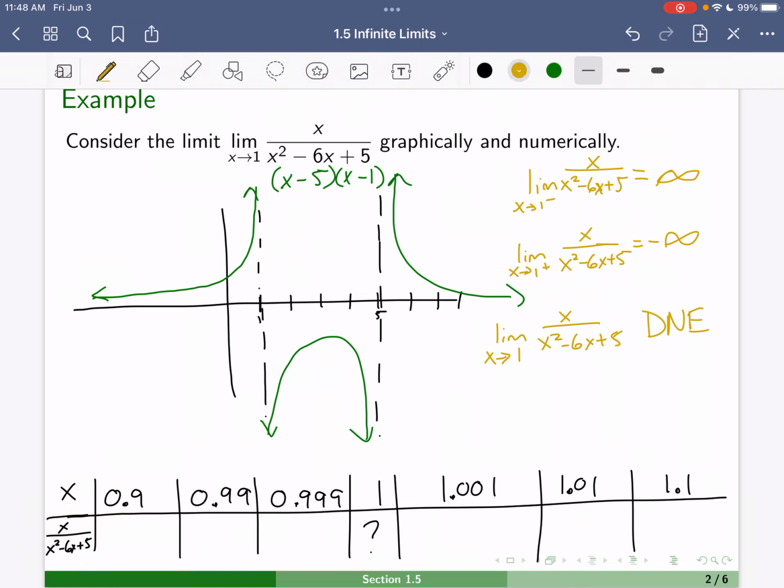When we plug in 0.9, we will get something like 2.195. You should go through on your calculator, verify that you get the same value, make sure that you understand how you get that value. Then we'll plug in 0.99. We get 24.688.